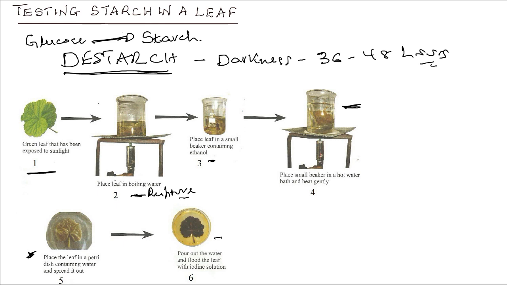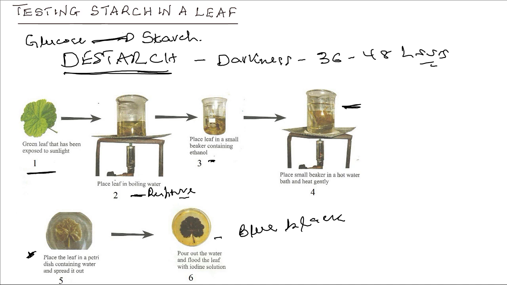Then you flood the leaf. You apply as much iodine solution as possible over the leaf, and if it turns blue-black, then that shows that starch is present, and therefore we can conclude that during the time the plant and the leaf were exposed to sunlight, photosynthesis took place, carbohydrates were produced, and the excess converted into starch for storage.